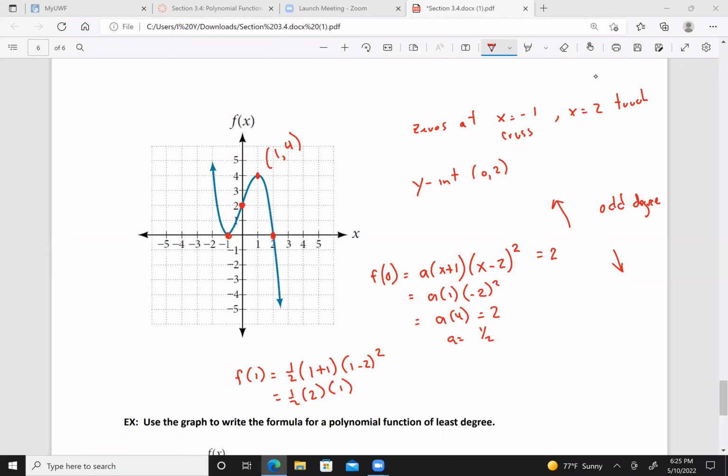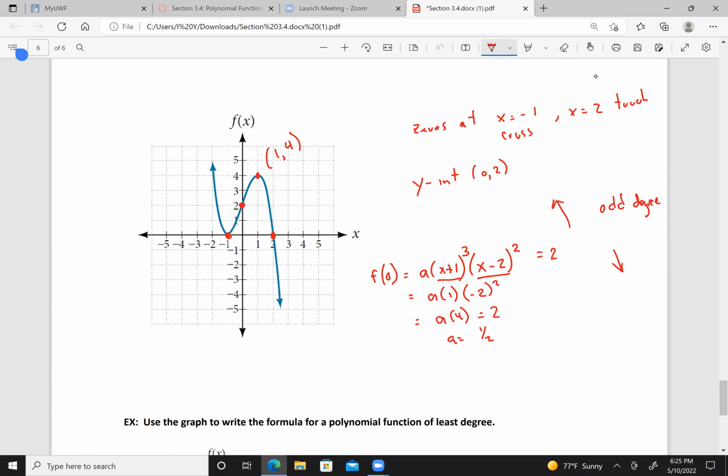Okay, so we know that this has to be to an even power, and this has to be to an odd. So let's raise this to the third power and see what happens here. So this works out the same as far as here.